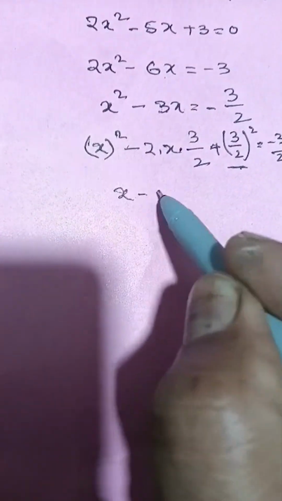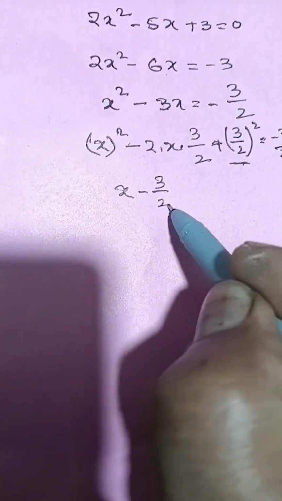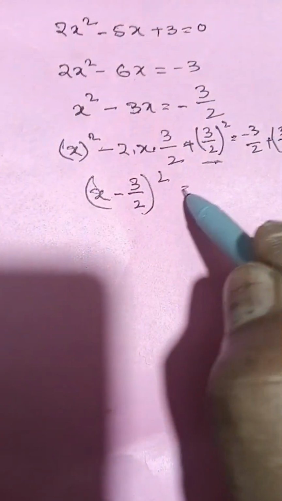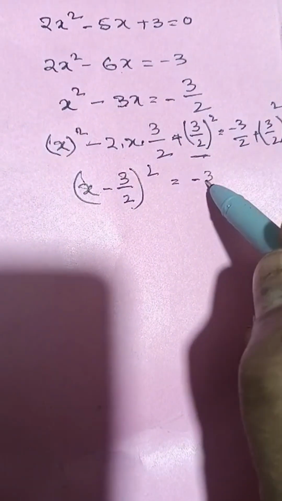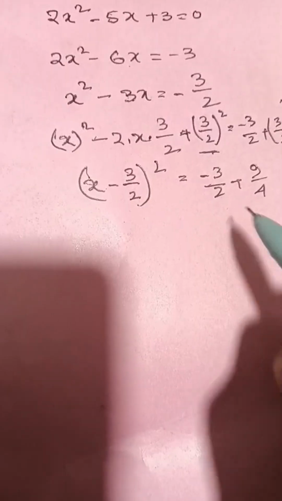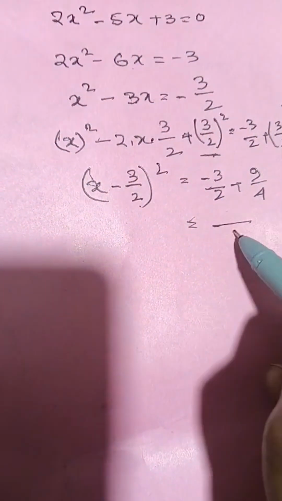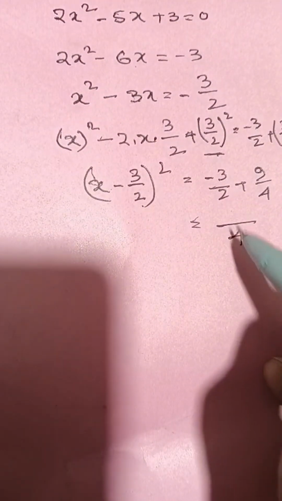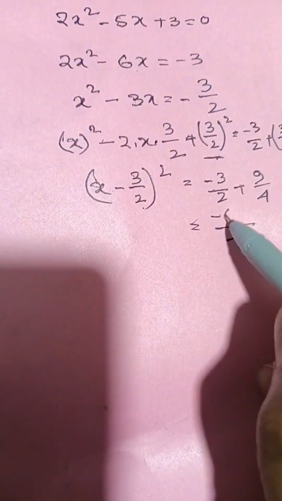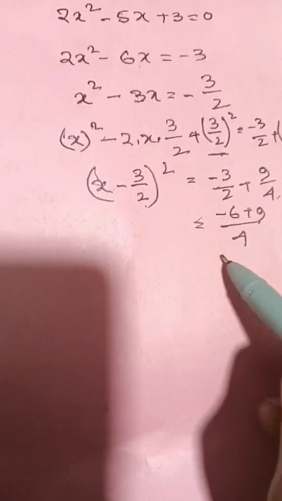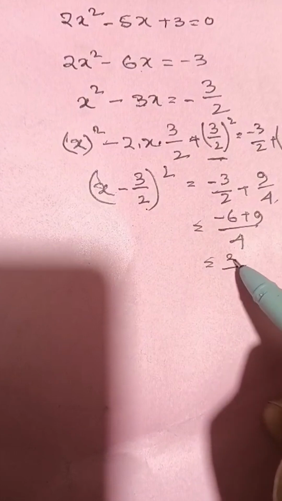Now you see it becomes the formula of a minus b whole square is equal to, you simplify this part, minus 3 by 2 plus 9 by 4. Here you take LCM 4. If 4 is the LCM, you divide 4 by 2, 2 times 2 into minus 3 is minus 6, plus it's 1 time, so 9. So the value becomes 3 by 4.